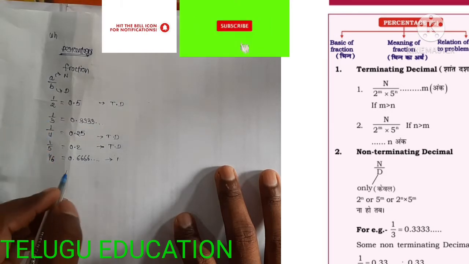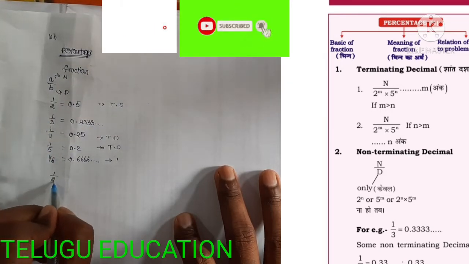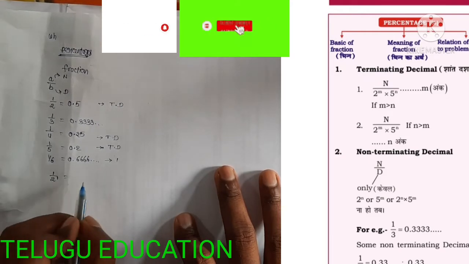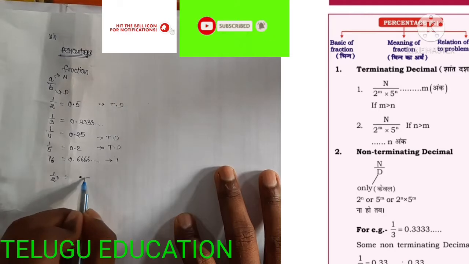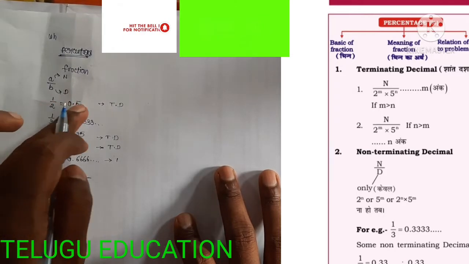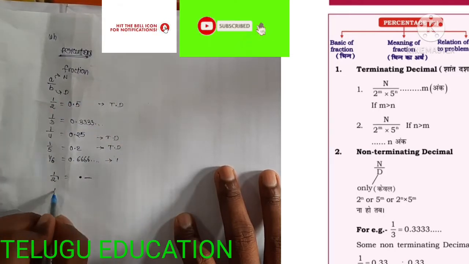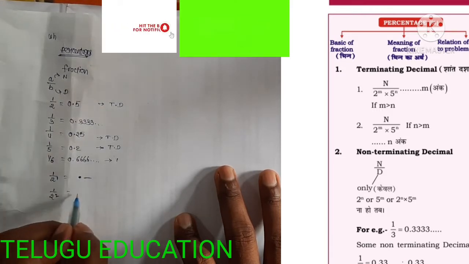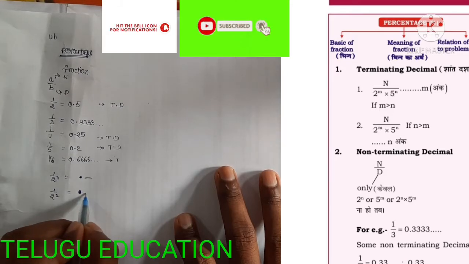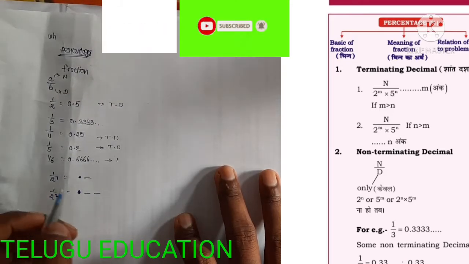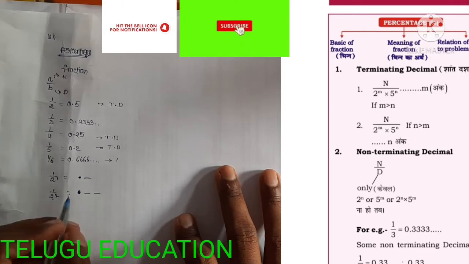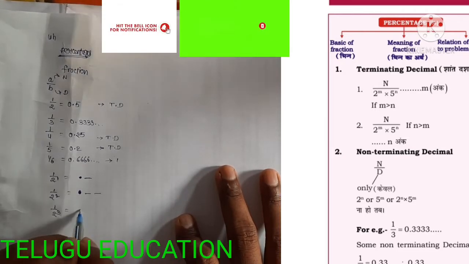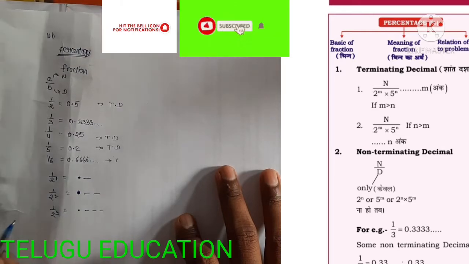Okay, so 1 by 2 power 1: after the decimal point you have to get one digit. 1 by 2 square: after the decimal point you have to get two digits. 1 by 2 cube means after the decimal point you have to get 3 digits.